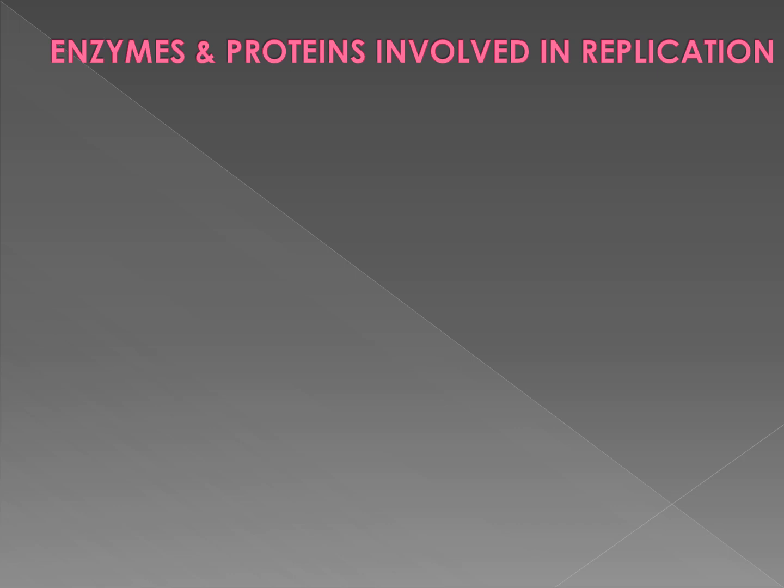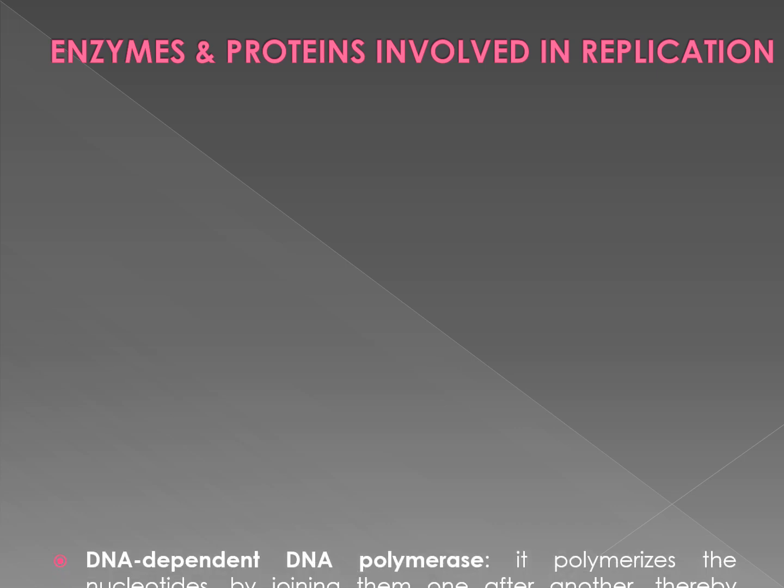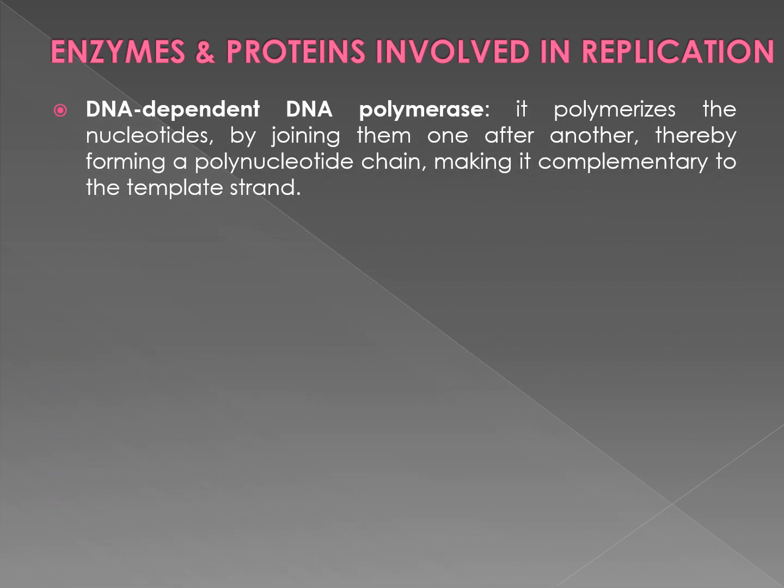Now, the enzymes and proteins that are involved in replication. Number one is the DNA-dependent DNA polymerase. It polymerizes the nucleotides to make a polynucleotide chain by forming phosphodiester bonds.